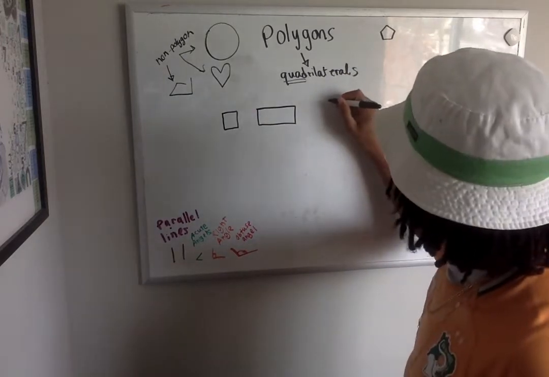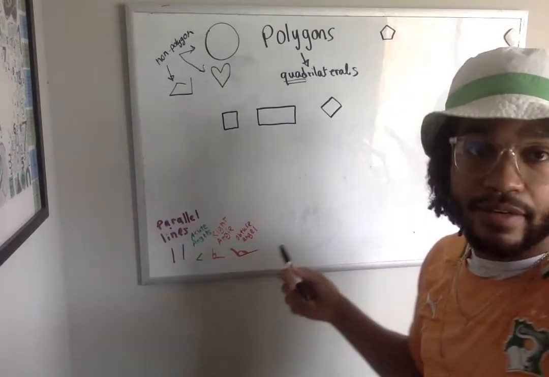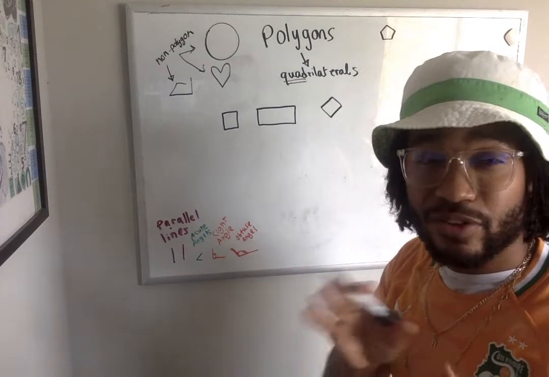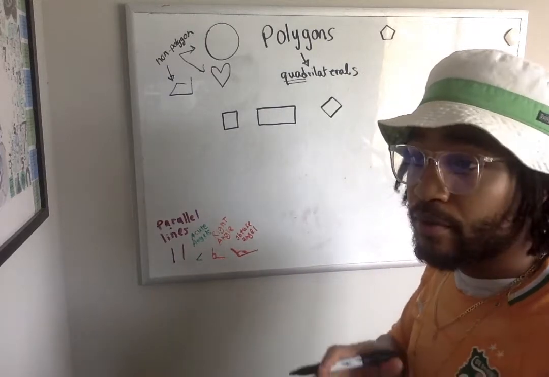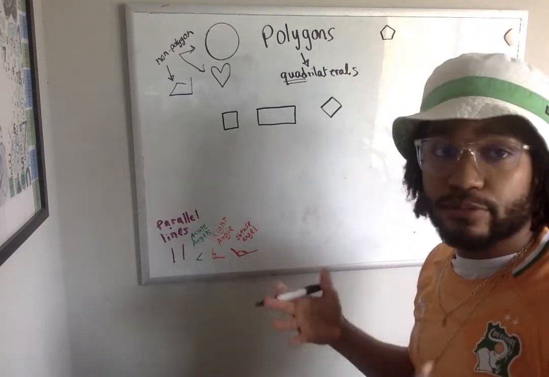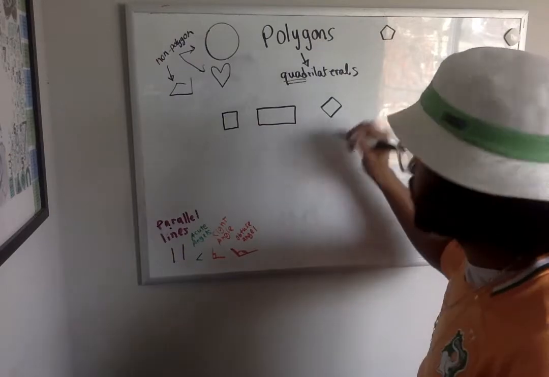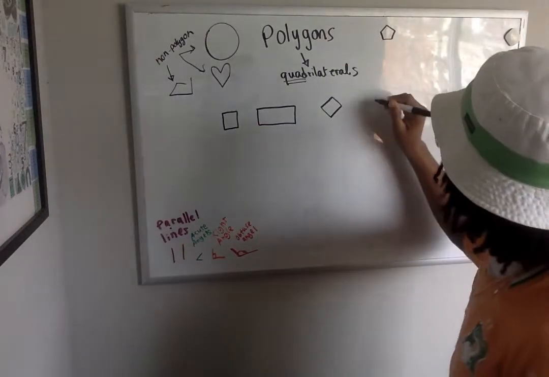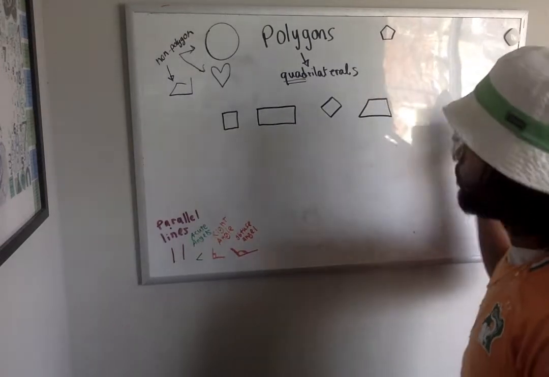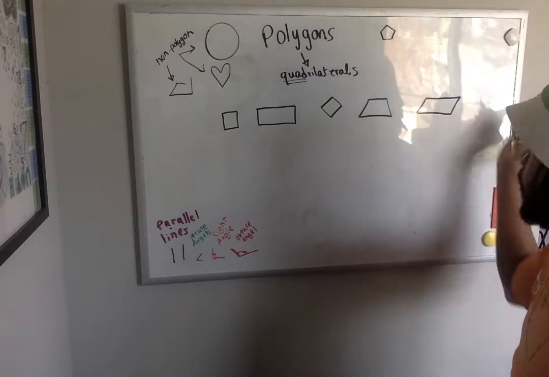This one, a lot of students may become confused with and say, hey, that's a diamond or a kite. Those are not really math terms, so we try to get away from that. But when thinking about it in the real world, yeah, those objects could be what this is, which is a rhombus. I'm going to write it out also. This is a trapezoid, and this last one, a parallelogram.